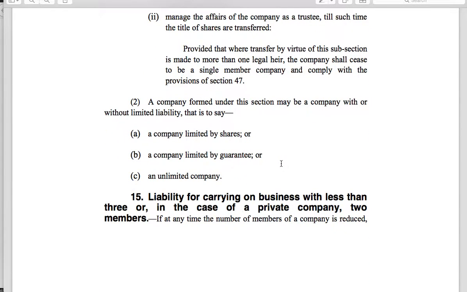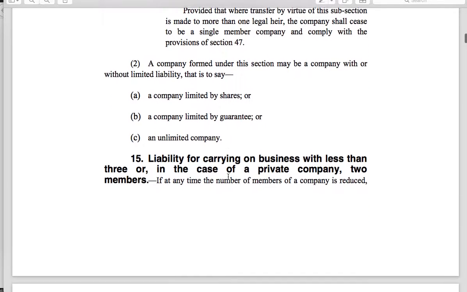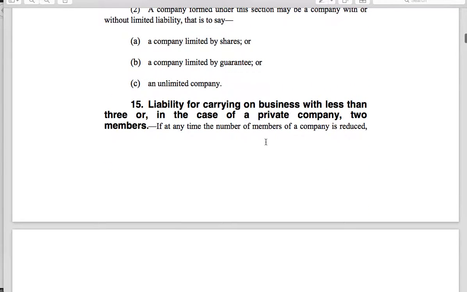Then the company can be limited by shares, which means the capital, the money you invest, you get in return shares from the company. If you open a company limited by guarantee, that means that when the company needs it, the amount of money that you guarantee, you'll have to pay. Or you can also start a company which has unlimited liability, which is just like a regular partnership business.